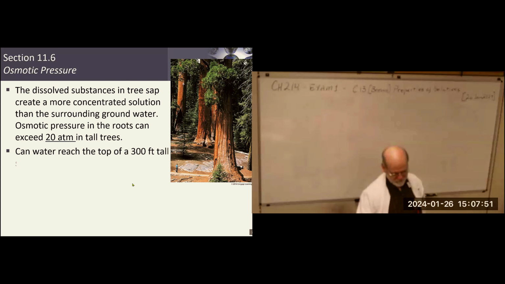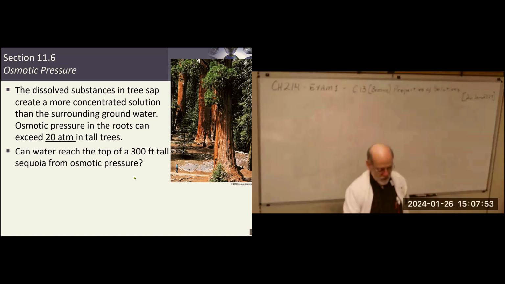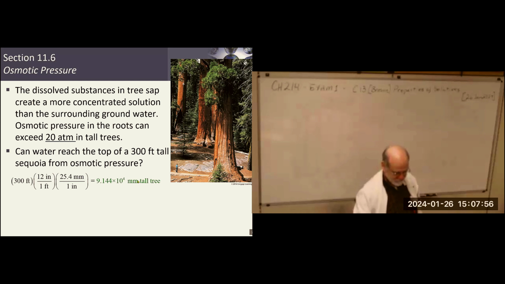We're starting with 20 atmospheres and a 300 foot tall tree. So if it's 300 feet tall, how many millimeters is that? Right, so this is the conversion to millimeters of the tree height.